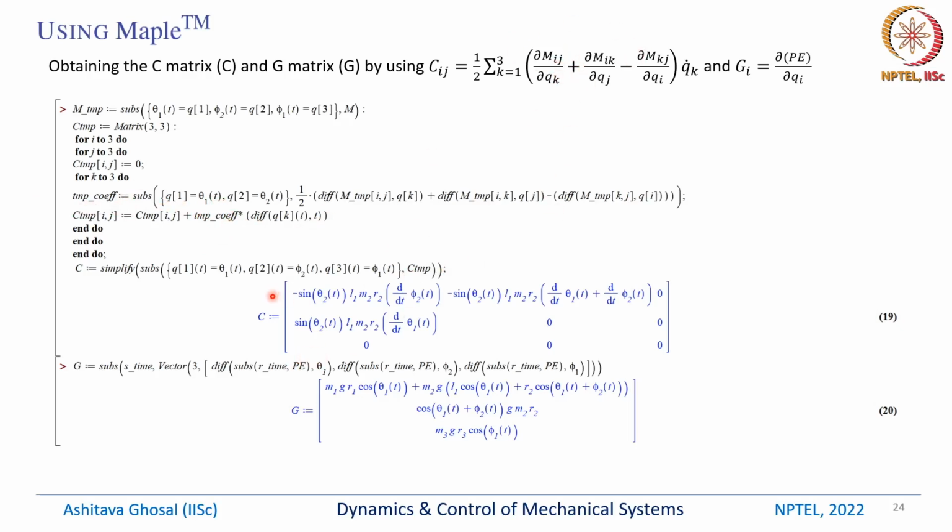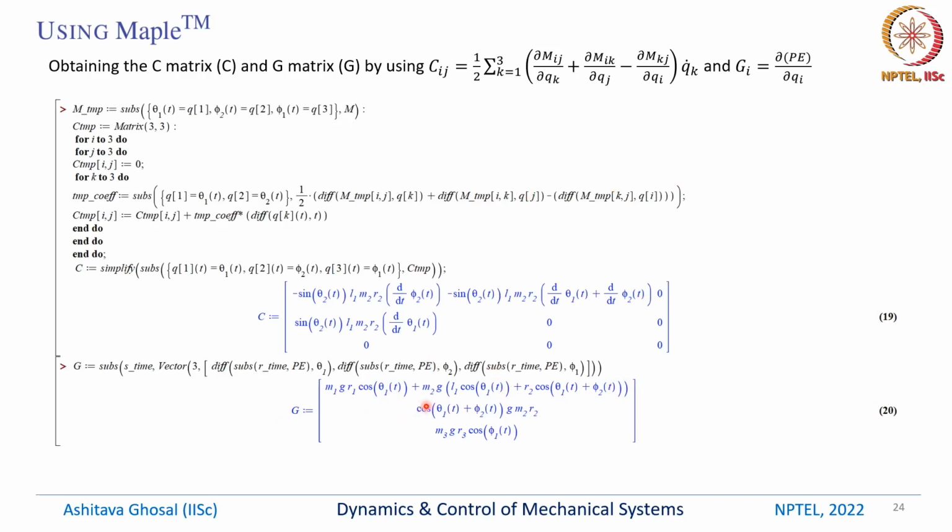Once we do all that, we can see that in the Coriolis matrix there is one C11 term, a C12 term, and C13 is 0, because the Coriolis term for the output link, M33, is constant. So M33 is constant, so the derivative of M33 with everything will go to 0.